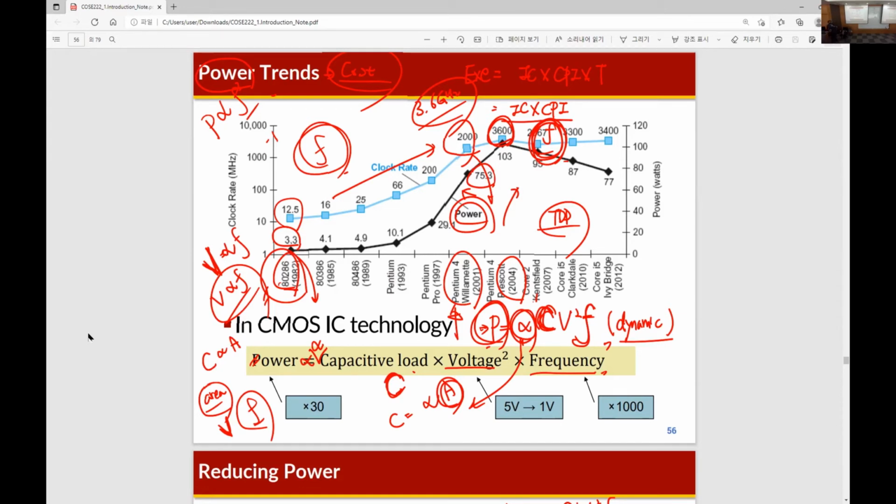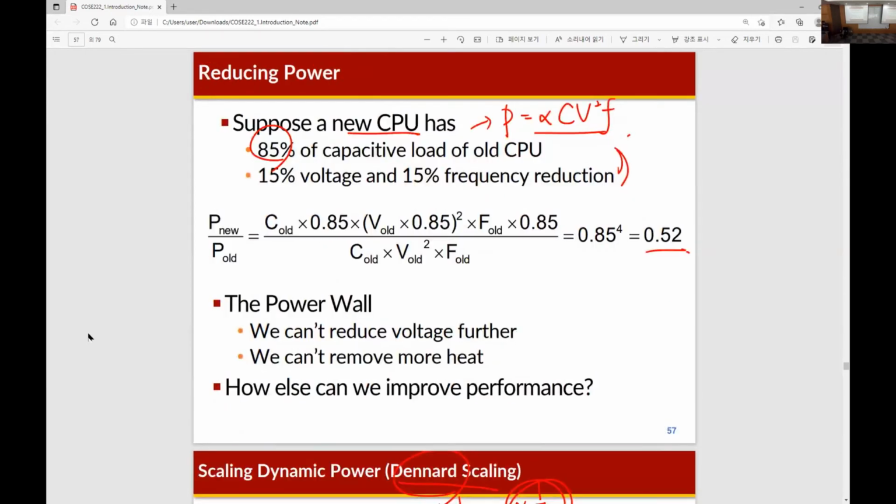Power is proportional to the capacitive load, which is the overall capacitance in our entire circuit, the square of the supply voltage, and the clock frequency. So we can calculate the power consumption of the computer system based on this equation.